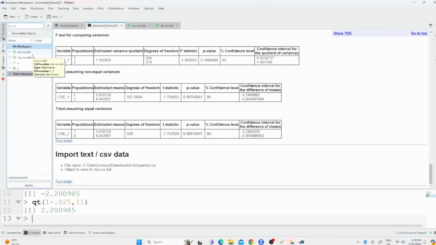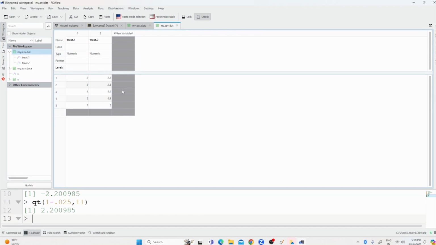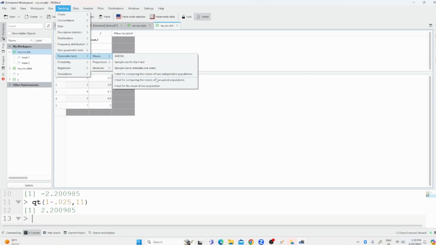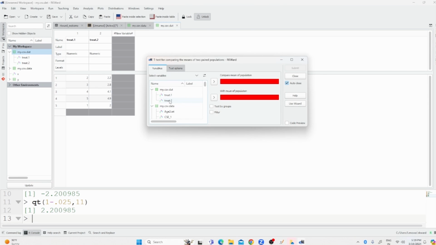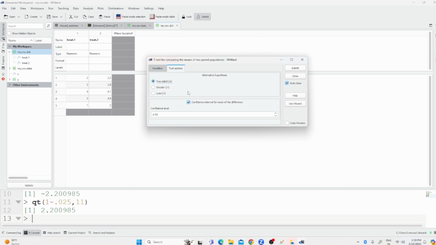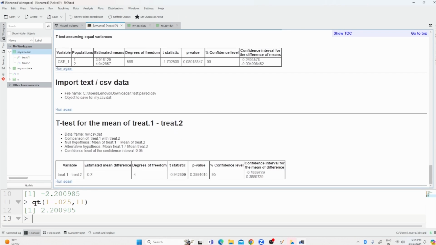.dat is the file. Okay, now here we go, and we go for parametric test, we go for means, and we go for paired population, compare treatment 1 with treatment 2, and let us say they are equal, or whatever it is. Okay.